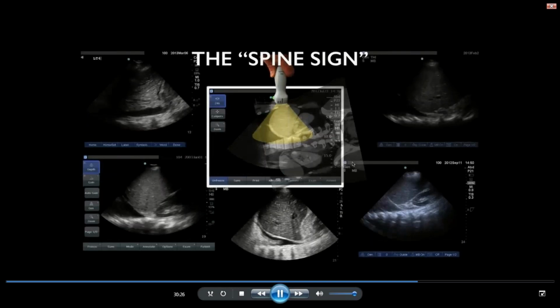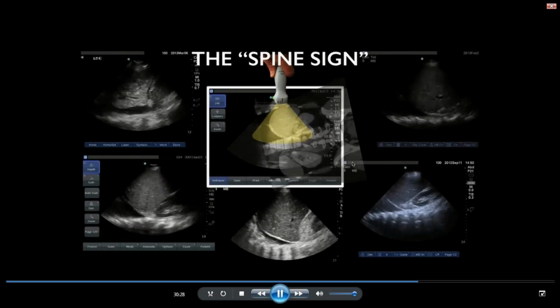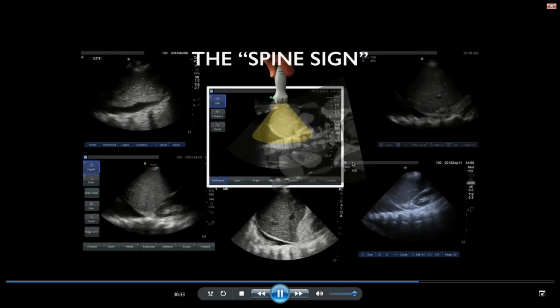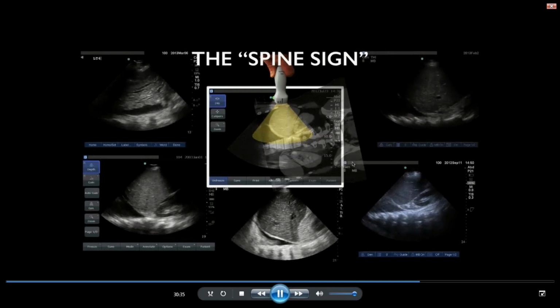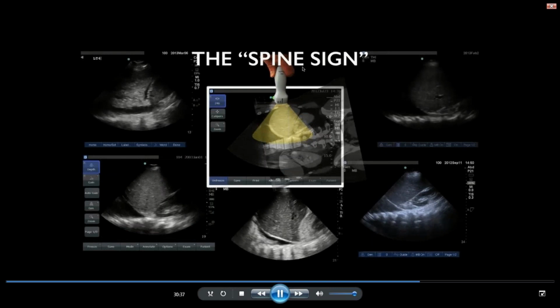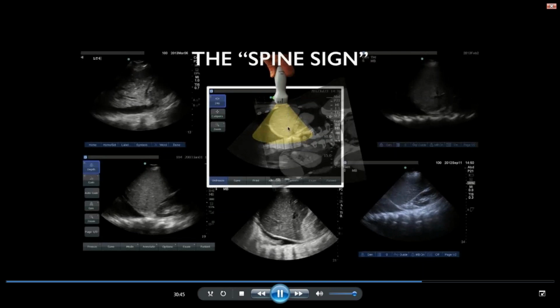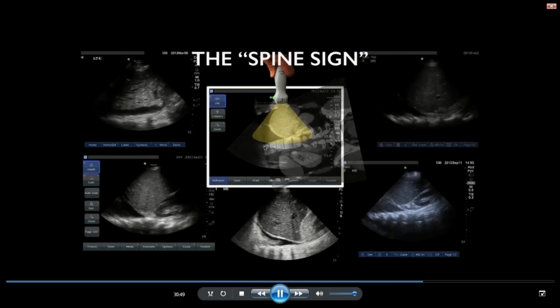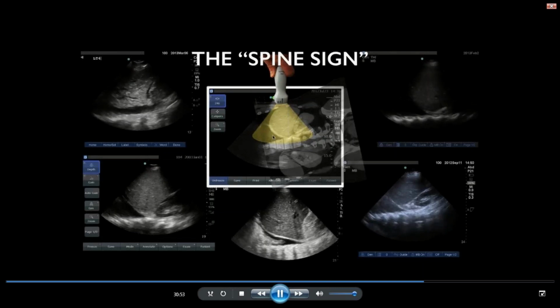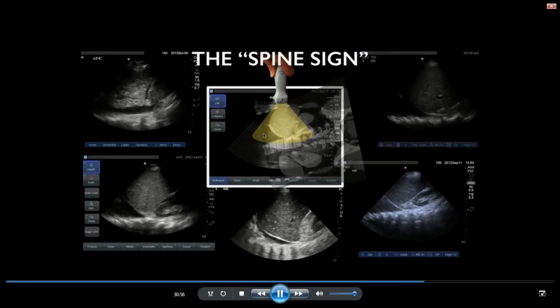Are there other indirect signs that one can use to diagnose pleural fluid on ultrasound? The answer is yes. What we could look for is something called the spine sign. What do I mean by that? In a healthy patient, the extension of the thoracic spine superior to the diaphragm should not be seen because of the high acoustic impedance of the lung that is sitting right above the diaphragm.